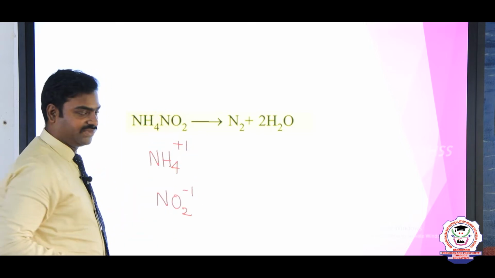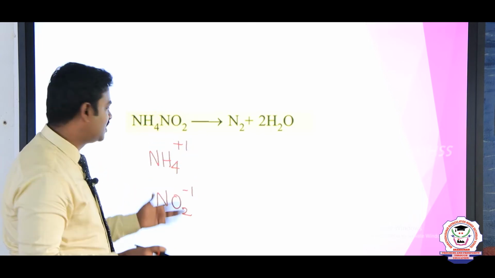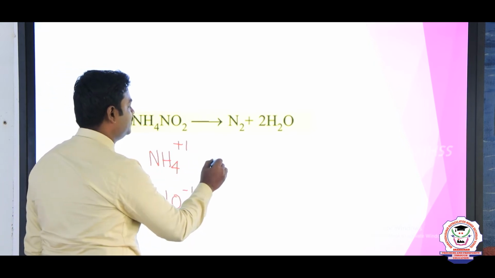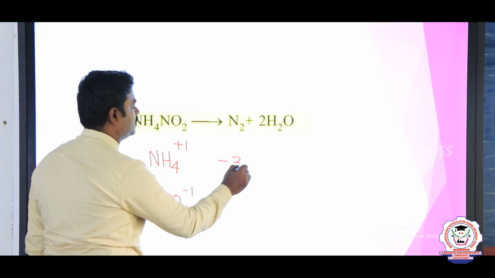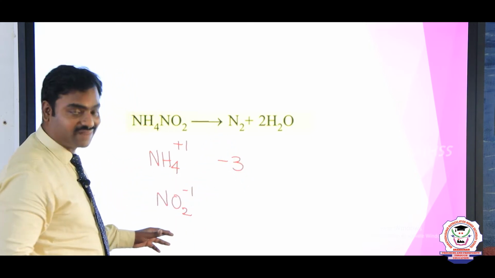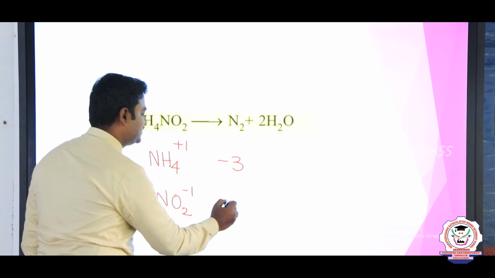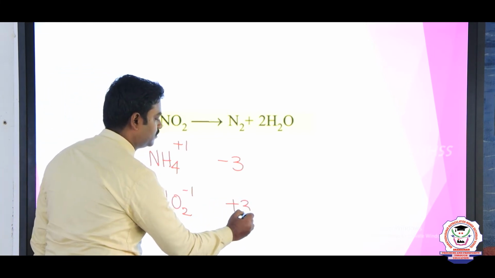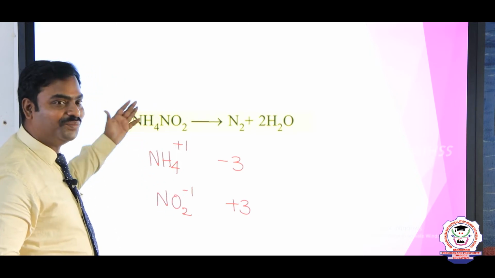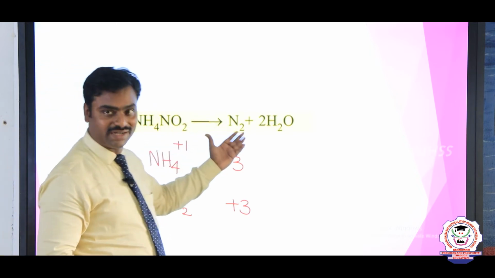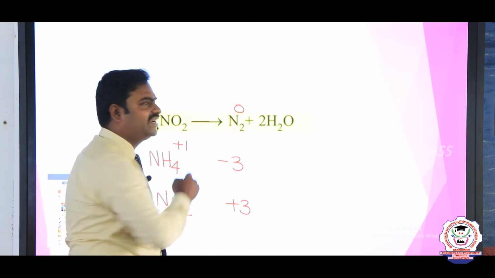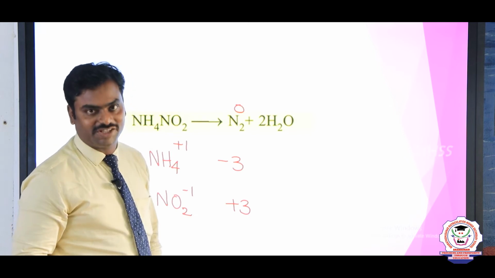When you calculate the oxidation number of nitrogen here, it is actually -3. The oxidation state of nitrogen in ammonium is -3, whereas in nitrite it is +3. So we have two different oxidation states here, but both of them are converted into nitrogen gas. The oxidation state of nitrogen, being a homoatomic molecule, is 0.